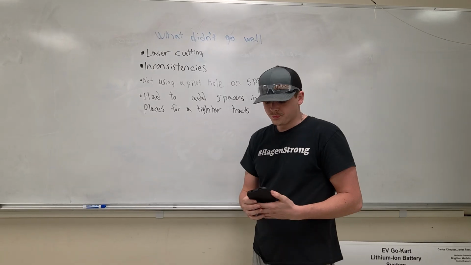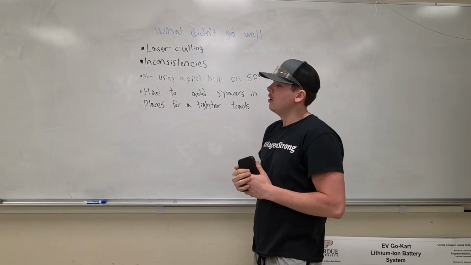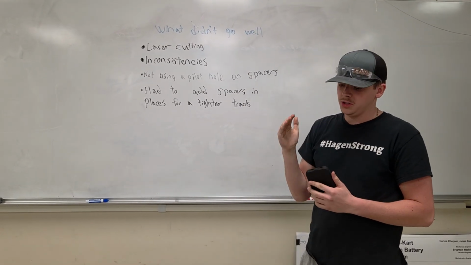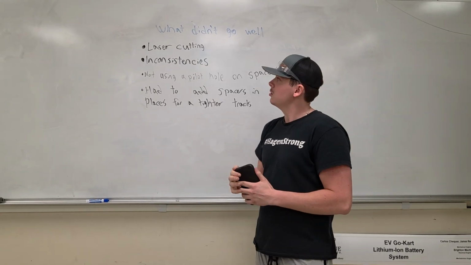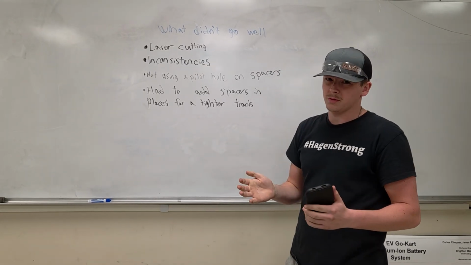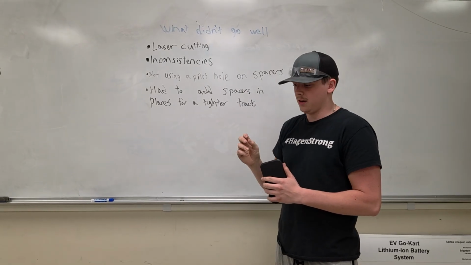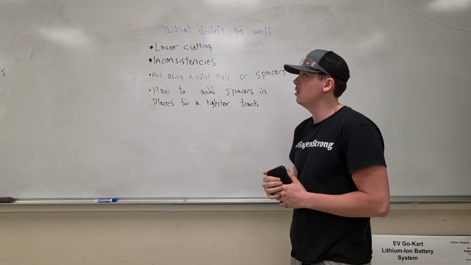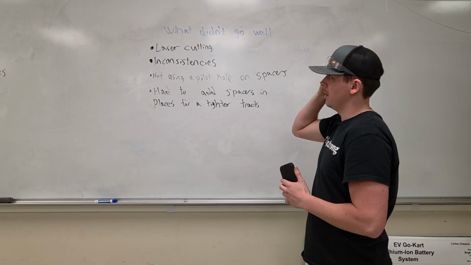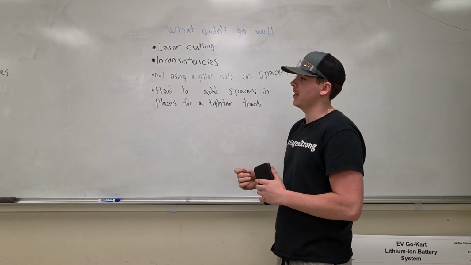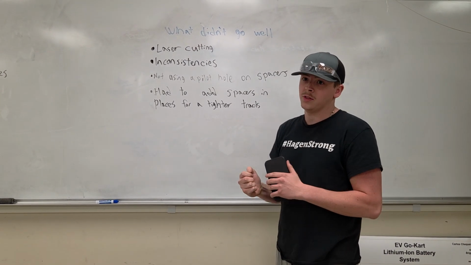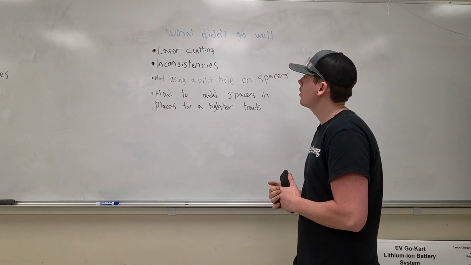What didn't go well? Our laser cutting, some of the parts, the laser didn't cut all the way through. So you might be able to see in the previous video that some of our pieces had chunks of wood out of them, and it messed up the pieces basically because we had to rip them out of the plywood.